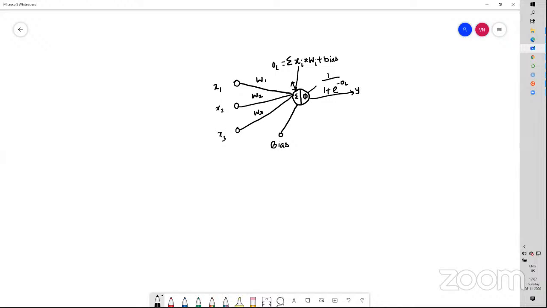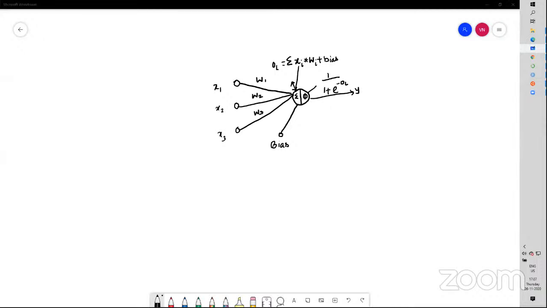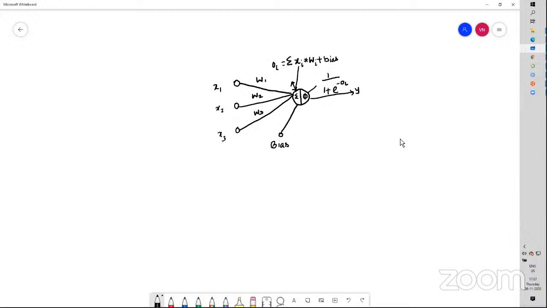Then the error part. Let's say we call this OR, the output of this is OR. So the error part E is the difference between Y, the original yi, and yi hat.